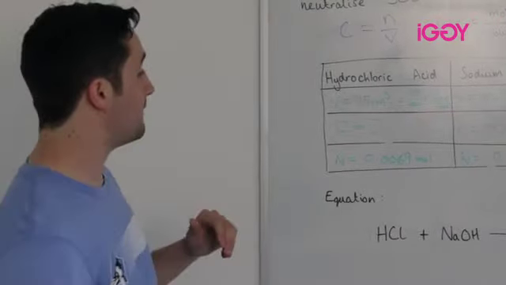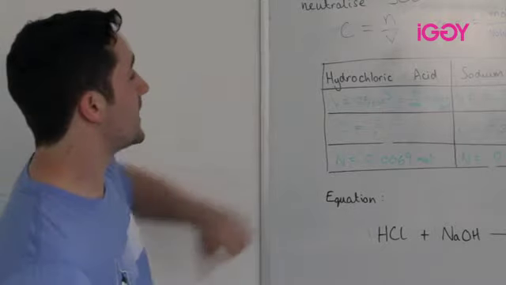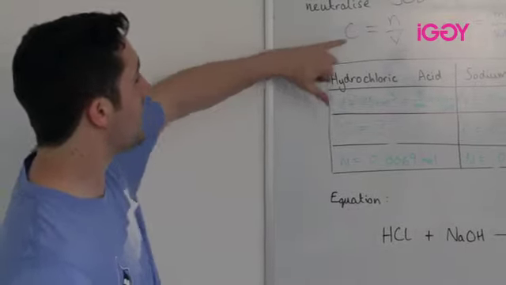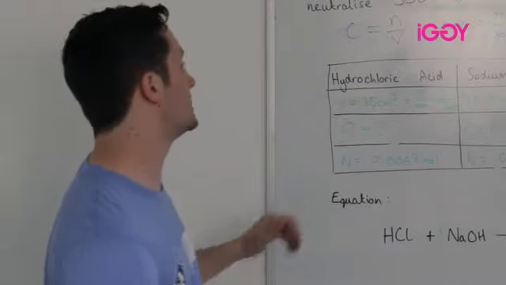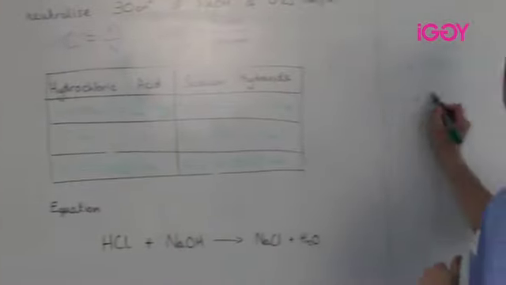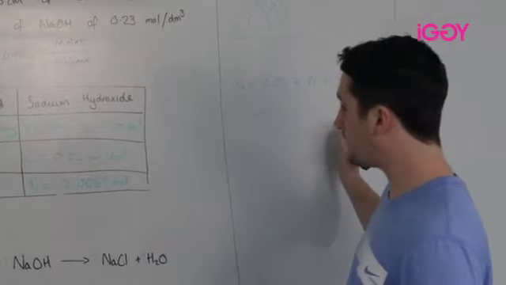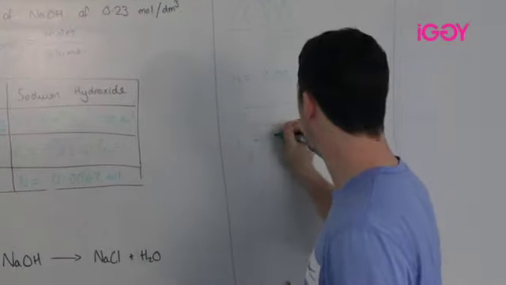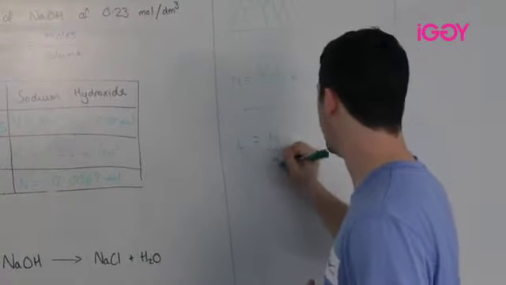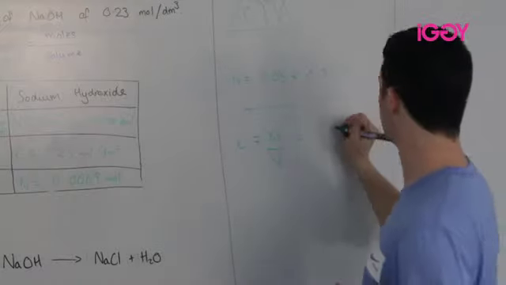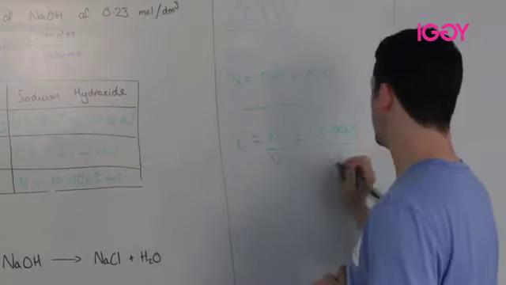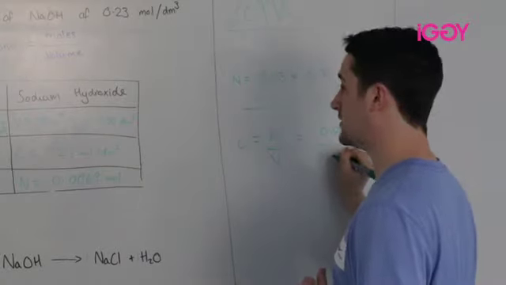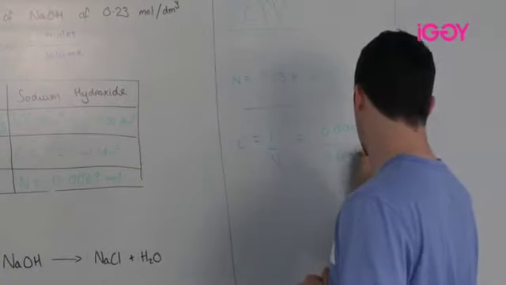Now it's a fairly simple calculation. To calculate the concentration here, we know n of hydrochloric acid and we know V of hydrochloric acid. So we can do that again over here. C equals n over V, which equals 0.0069 divided by the volume, which is 0.025.